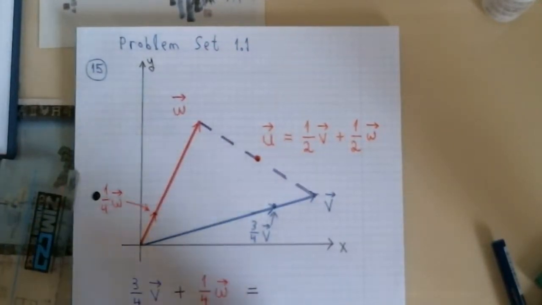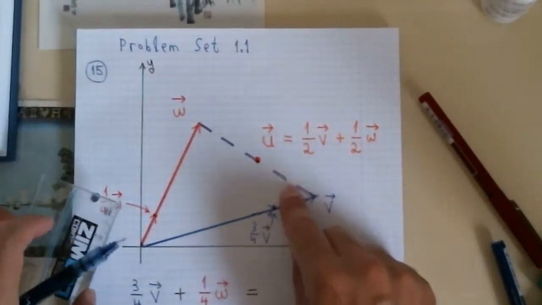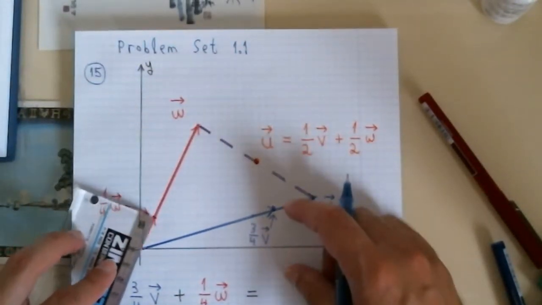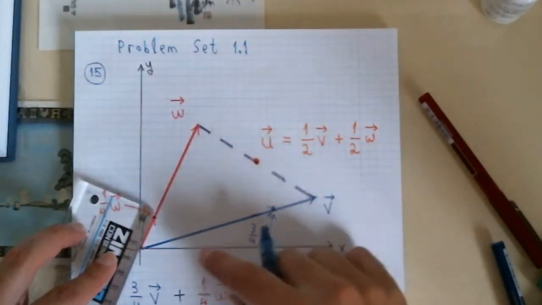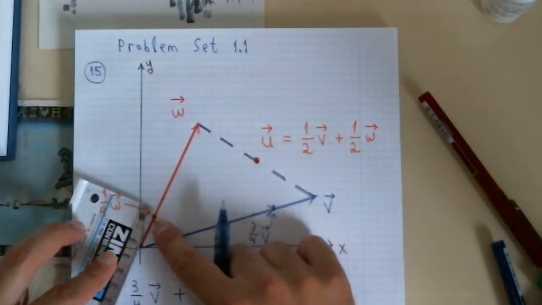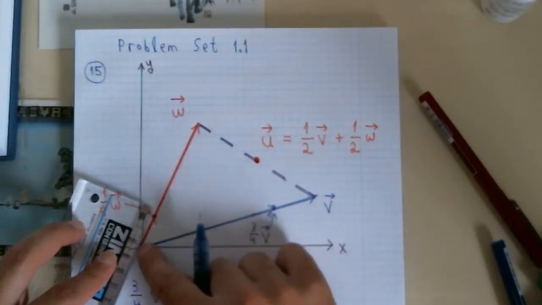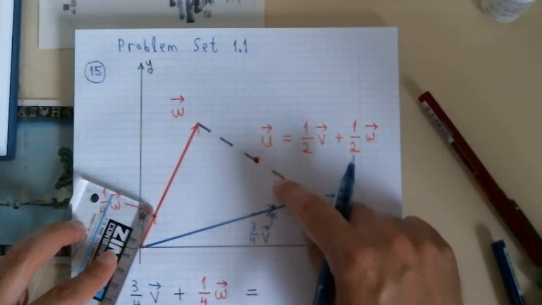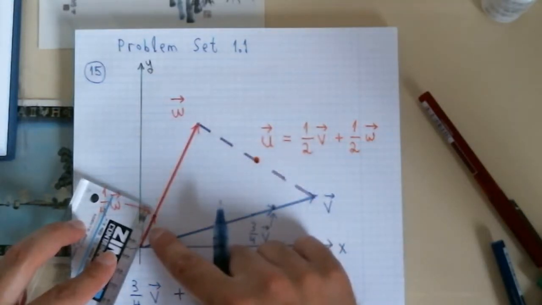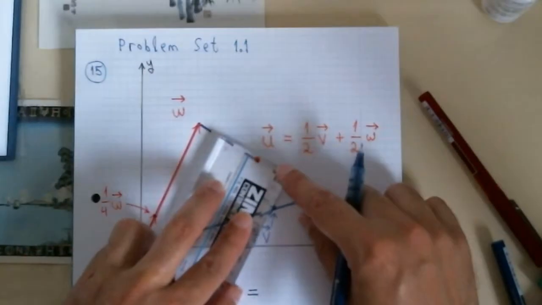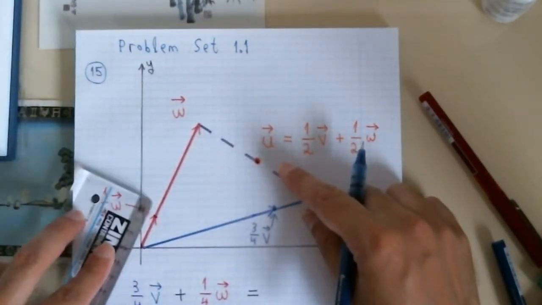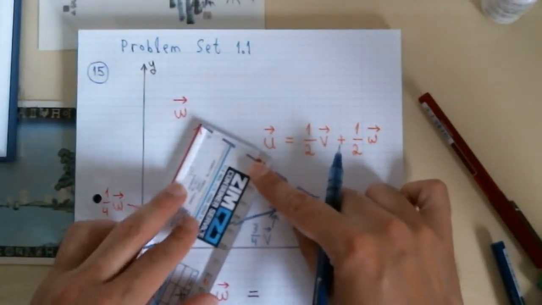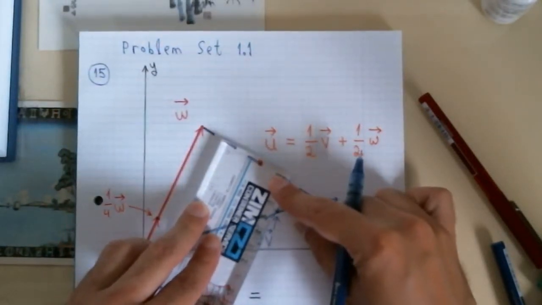Okay, so what do we get? I should have copied also the angle, but I'm doing it approximately because you see the principle. It would be something like here.